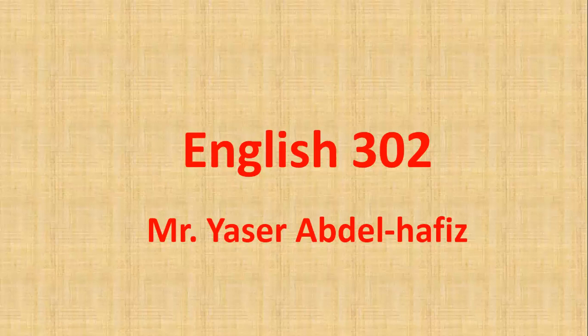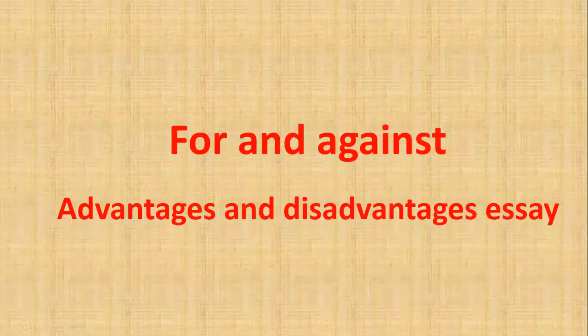So our topic, as I told you, is for and against essay. And in that essay, we can also include advantages and disadvantages. When it comes to advantages and disadvantages, it means that people or a group of people are for the idea of, for example, using electric cars or shopping, or any other topic that people may have different opinions about.